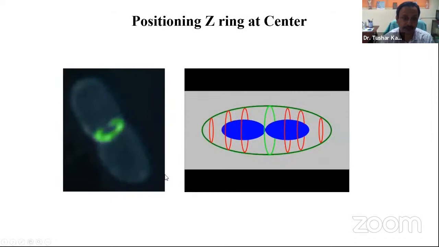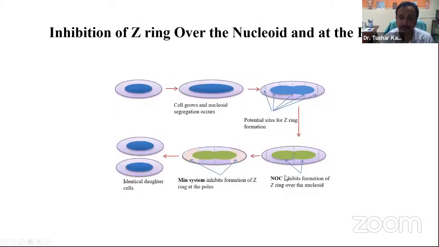Now, this is a confocal image of the Z ring. It has to form at the middle. So how does this ring formation take place at the middle? Technically, FtsZ alone can polymerize and form rings all over the cell, but that does not happen in the cell because there are two different systems.